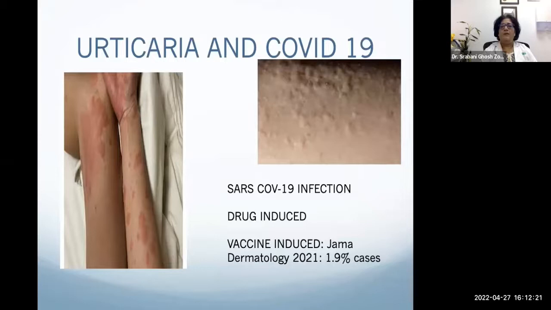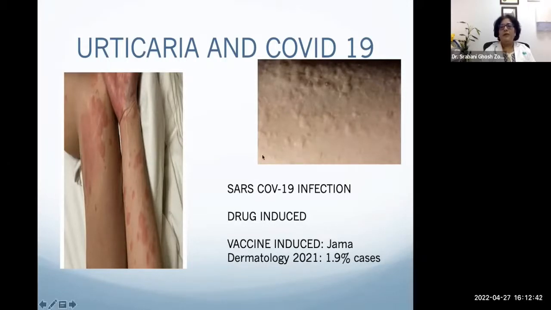Urticaria will be incomplete these days without mention of COVID-19 infection. Actually, during the first wave, just looking at these urticarial lesions, we have been able to suspect COVID-19 infections. There was such a spurt of these urticarial lesions.